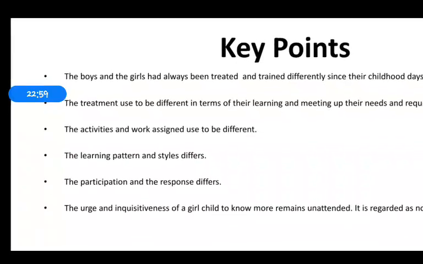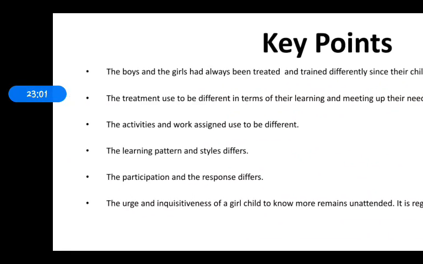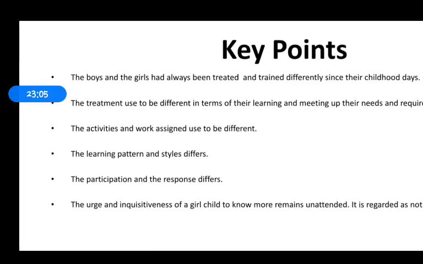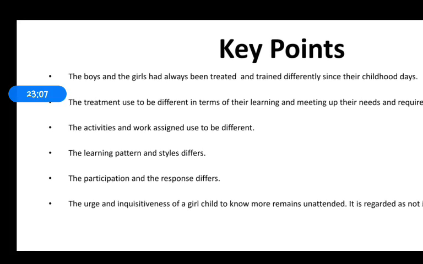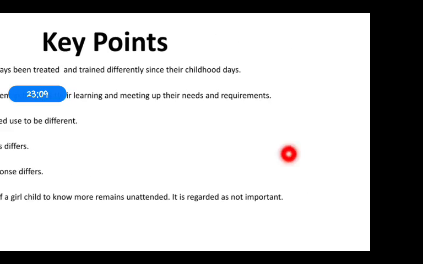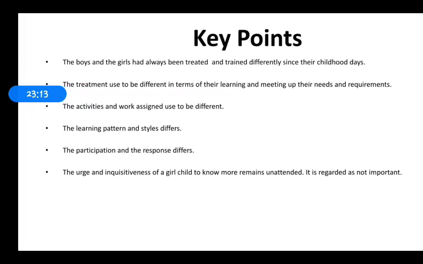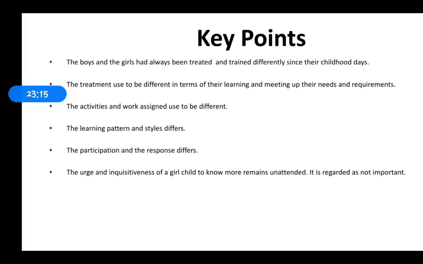This sort of differential treatment has existed since the birth of the child, be it playing with a toy or be it eating. Even in terms of eating, most of the parents feel that the boys will eat more than the girl. Why is that so?